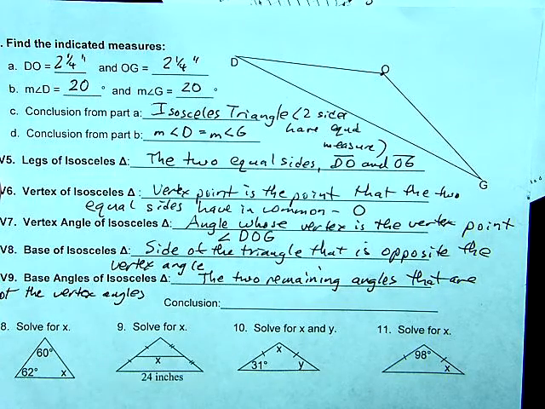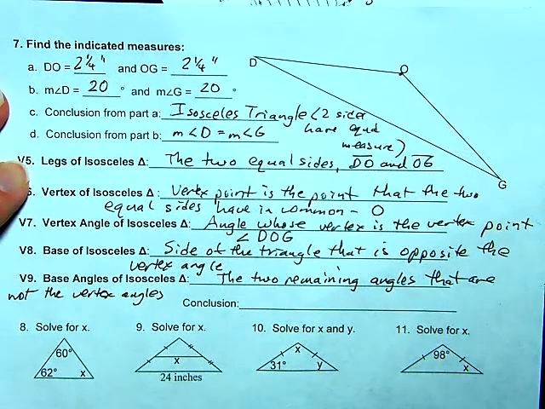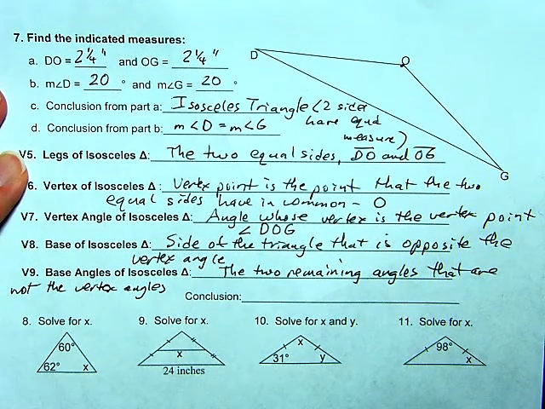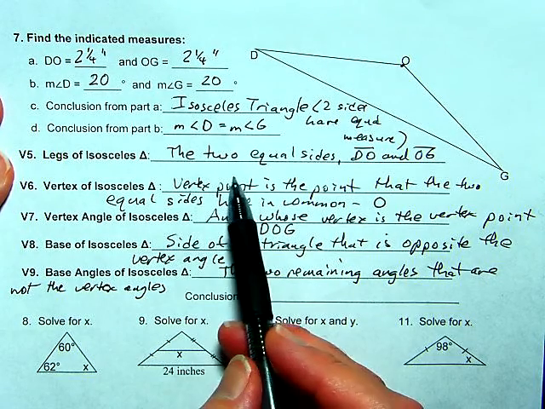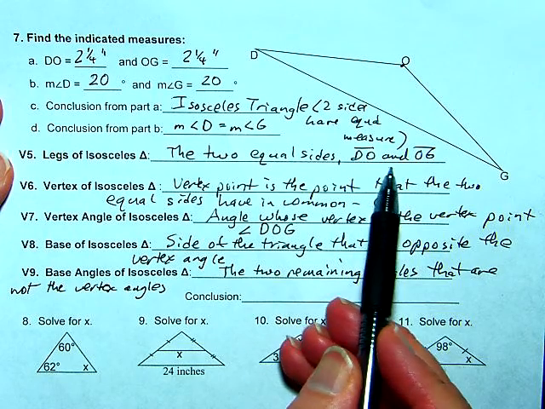So let's take a look at what we found here when we said DO and OG have equal measure. We were talking about the two legs of the isosceles triangle because those are the two equal sides, DO and OG.